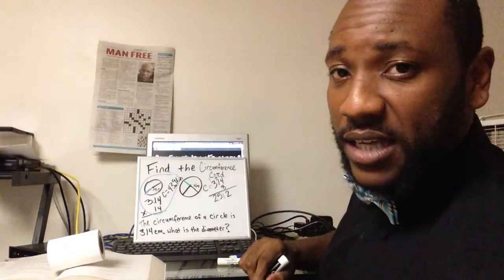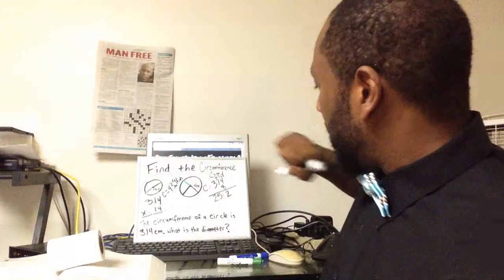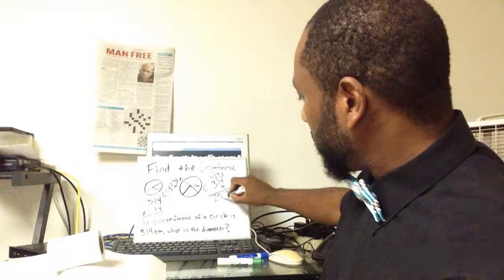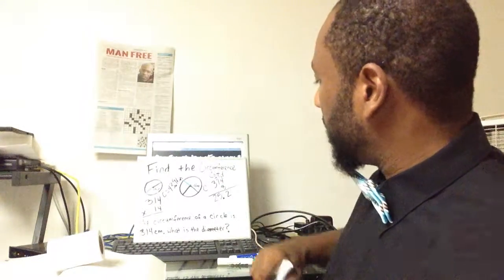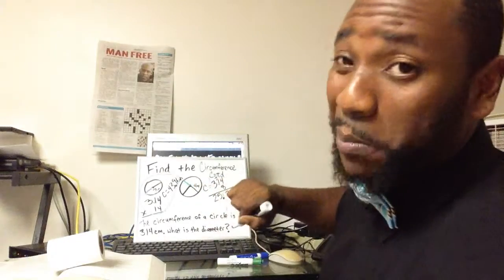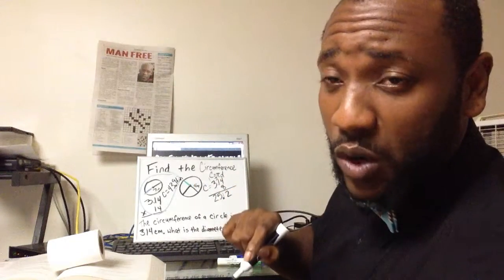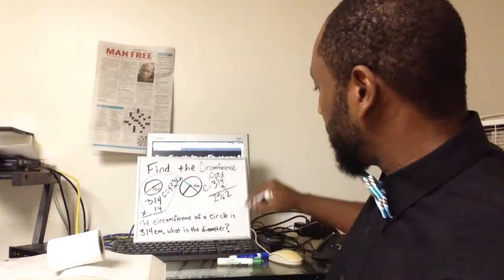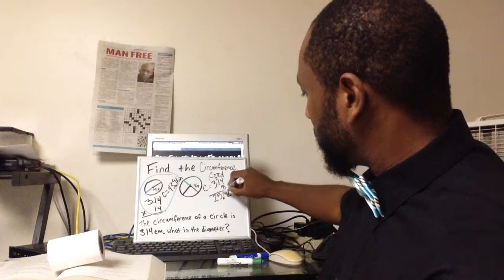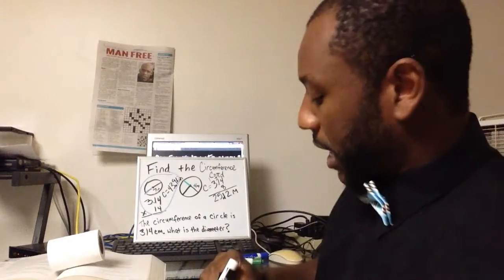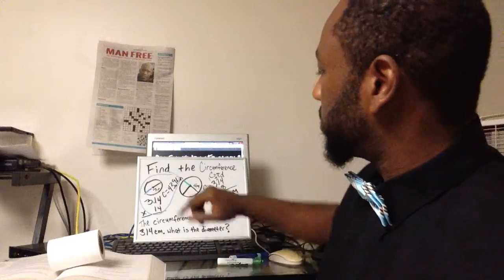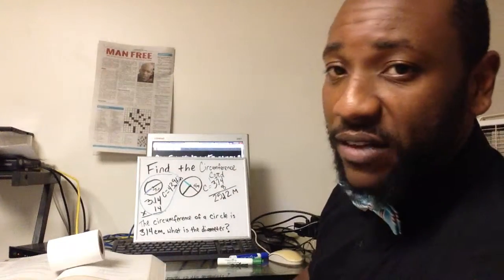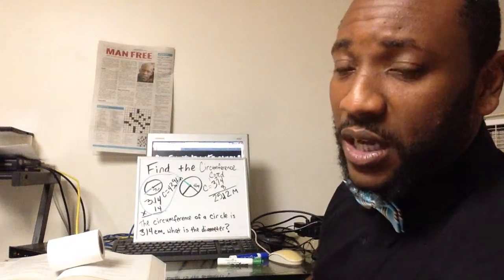When you're multiplying decimals, you got 2 numbers after the decimal in the problem, so you need 2 numbers after the decimal in the answer. And don't forget your meters. You will definitely get it wrong on the test because they set it up for you to get it wrong if you forget to write meters. So our answer then, the circumference of this circle is 25 and 12 hundredths of a meter.